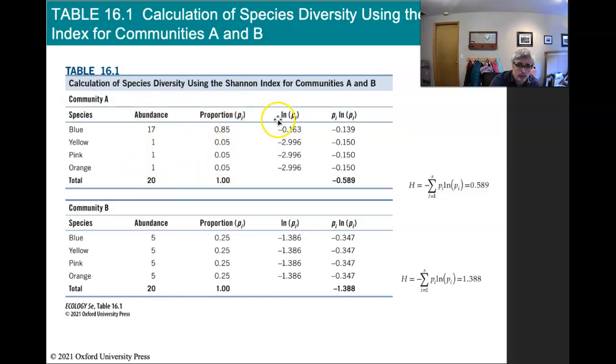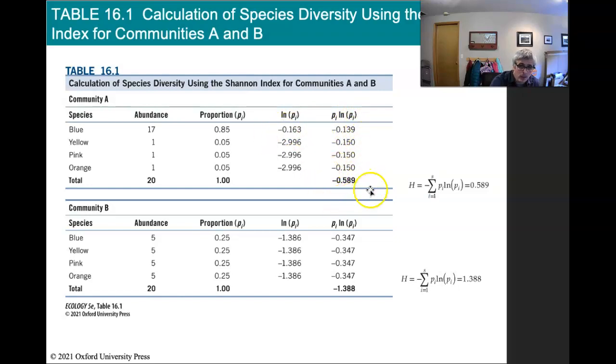Now we're taking the natural log of the proportion, so here we've got those values, and then this is the proportion times the natural log of that proportion, giving you these values.